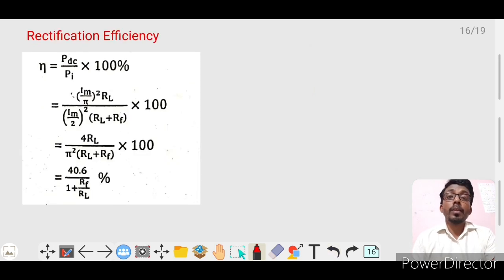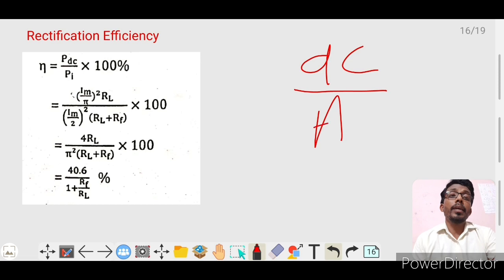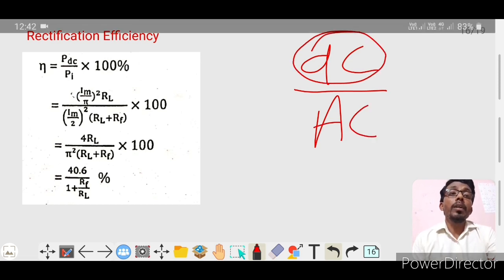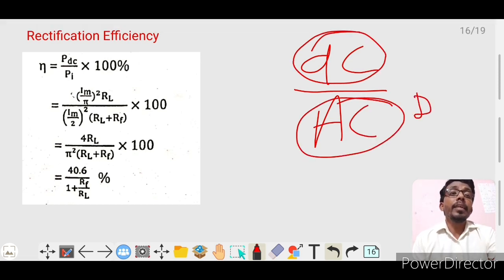So now, rectification efficiency. Rectification efficiency means how much of the total AC is getting converted into DC. That is nothing but DC power divided by total AC power. This is only the DC component, whereas this is DC plus AC component.